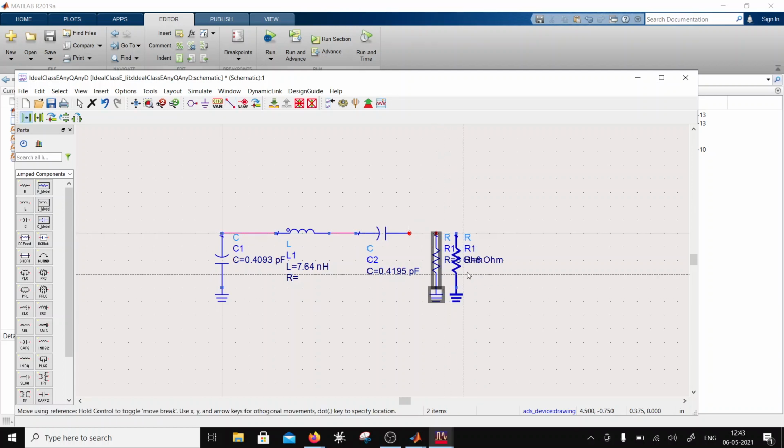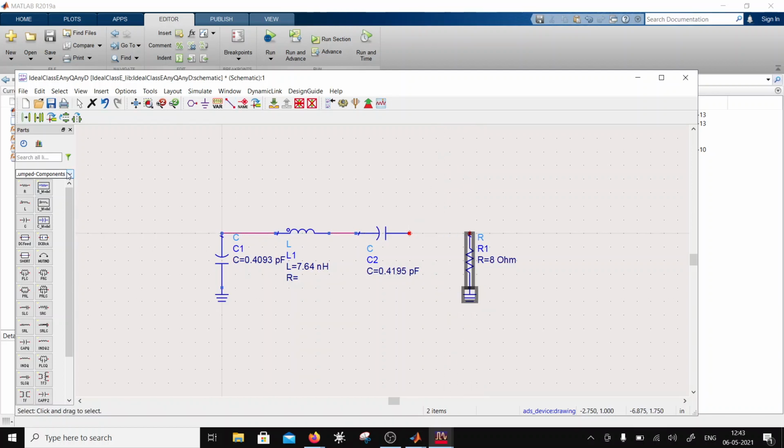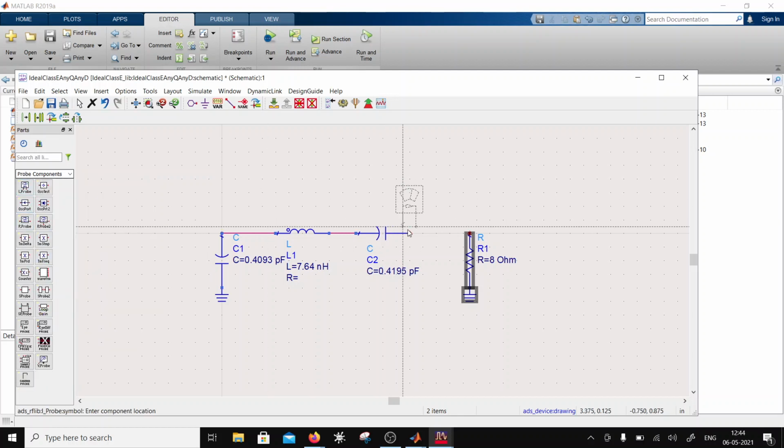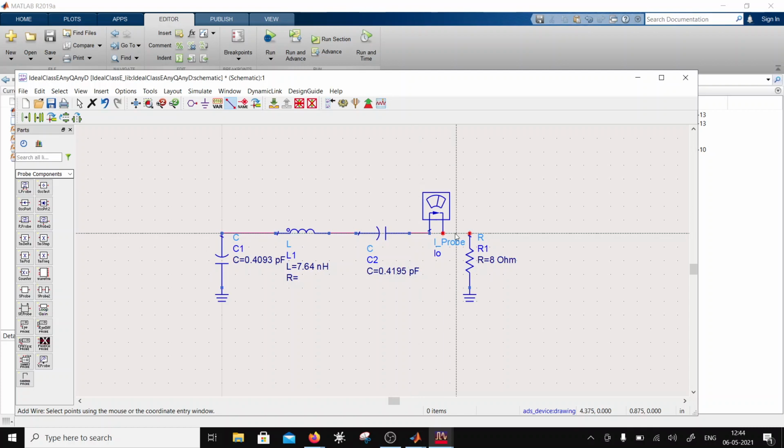I'm going to measure currents here, so I'm going to put here a DC probe from the probe components. I'm going to put here IO and name this node VO. Okay, so that's all set.